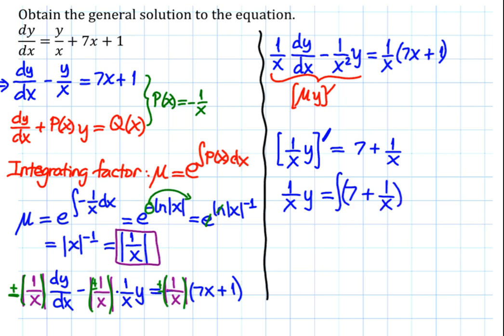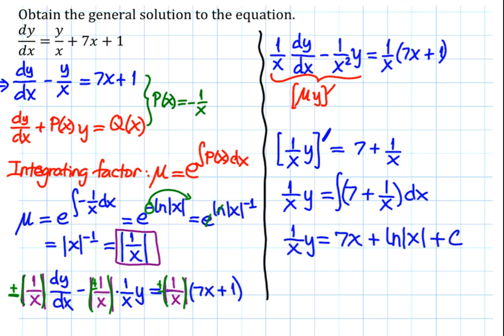We integrate that. So 1 over x times y equal to 7x plus ln of x plus a constant c. Now we just need to get y by itself, so I will multiply x on both sides.